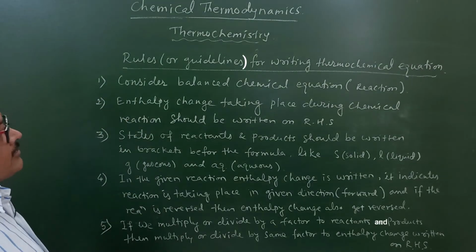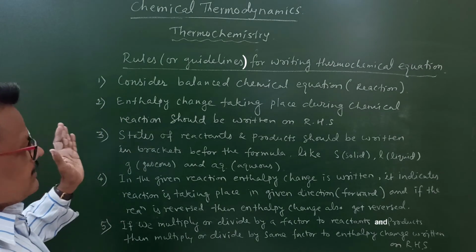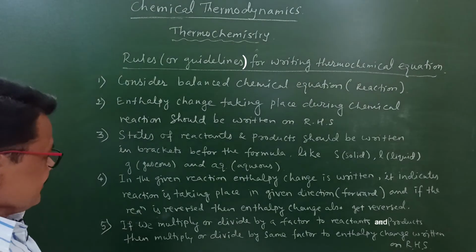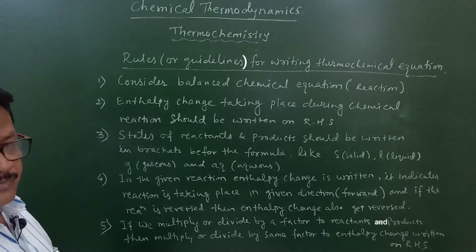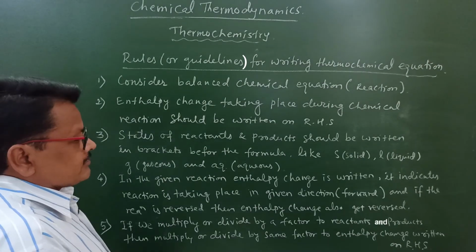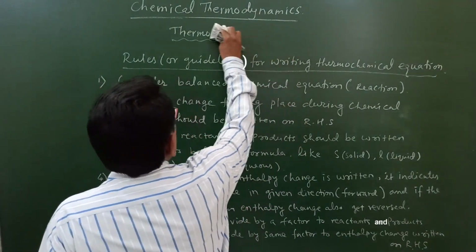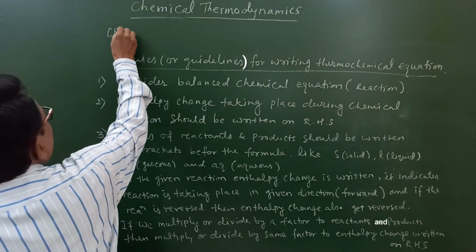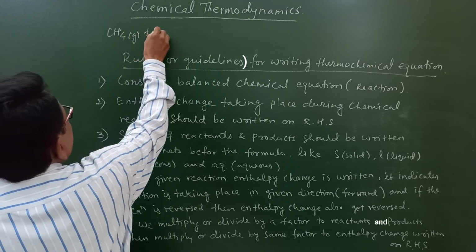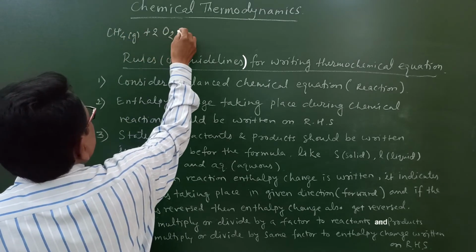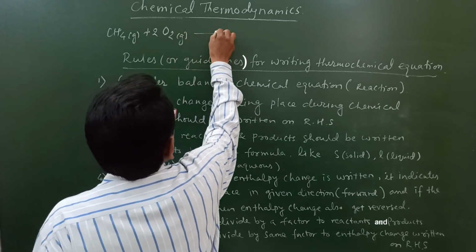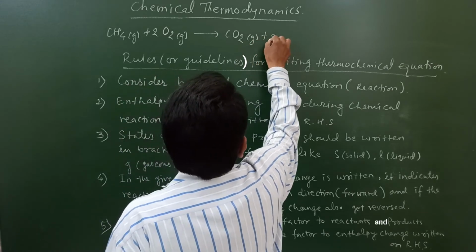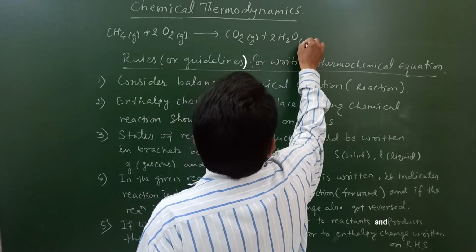So these are the rules with the help of which we can write the thermochemical equation in a proper way. So we can consider one example. By applying all these rules, I will write how the thermochemical equation can be written. When CH4 gas reacts with 2O2 gas, it gives CO2 gas plus 2H2O liquid.